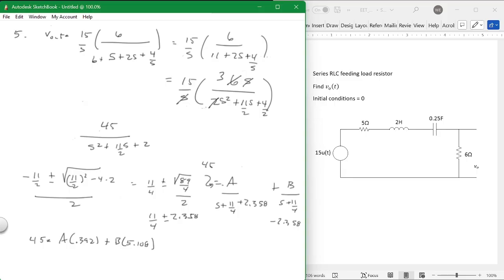Well, if that's right, then I think the final answer is about 9 times e to the minus 5.108 t plus about 9 times e to the minus 0.392 t, in that range.